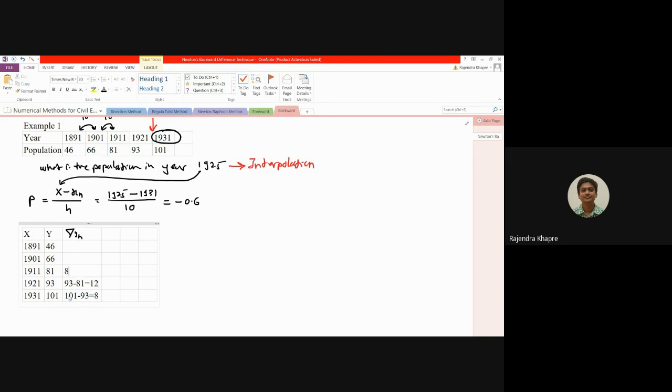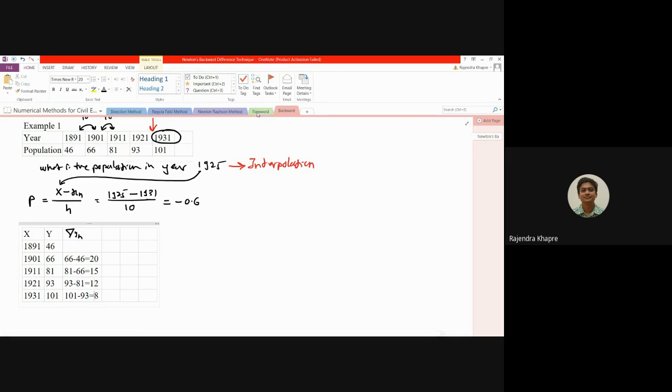And this will be 81 minus 66, which is 15. And lastly we have 66 minus 46, which is 20. So you see, we got delta yn as 20, 15, 12, and 8.